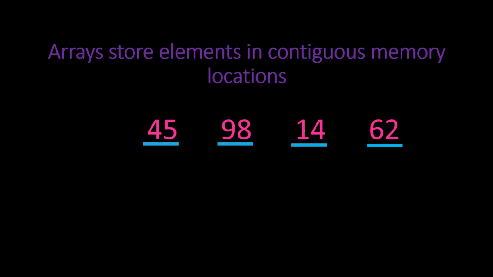One advantage is that you can access elements at a specific index much faster than you would with a linked list. In fact, this is one of the drawbacks of a linked list. And that advantage of an array is really due to that contiguous feature.